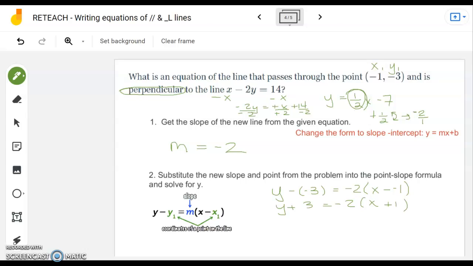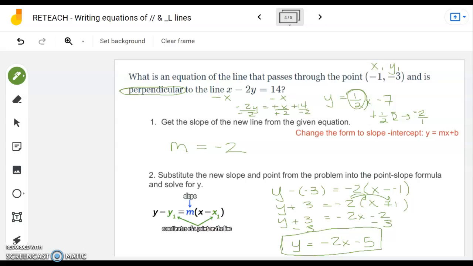Then I'm going to need to distribute that -2. -2 gets multiplied to everybody inside the parentheses, so I get y plus 3 equals -2x minus 2. And then I'm going to continue to solve for y by subtracting 3. So my new equation that's perpendicular is going to be y equals -2x minus 5. That's the equation of my new line that is perpendicular.